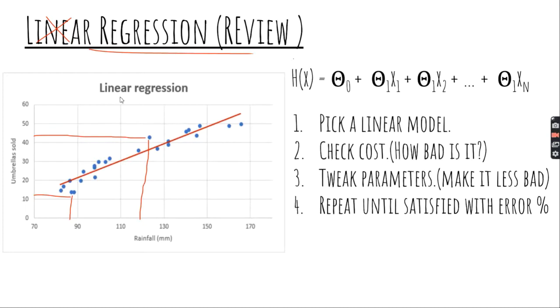What linear regression does is that it helps you answer the question: what if there's a new value in the future for which I don't know how many umbrellas would be sold? Let's say somewhere around here, or even here. In my data set I don't have any values for 150 mm of rain, so how many umbrellas would be sold? Now that's a prediction. Obviously this hasn't happened yet, but hypothetically if that happens, what will be the output?